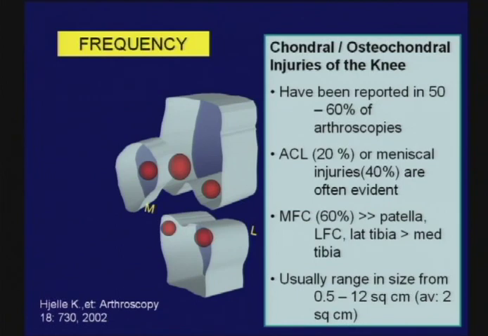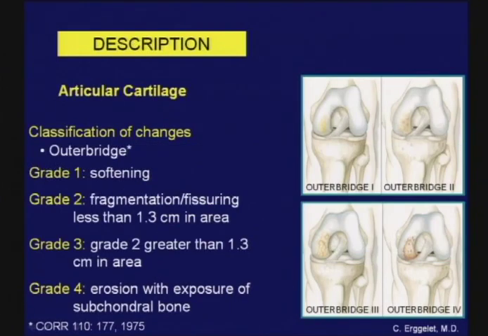In terms of the location of chondral and osteochondral injuries of the knee, they've been reported, as you can see, in over half of arthroscopies. They are said to be most common in the medial femoral condyle as opposed to other areas of the knee, and they can range in size from very small to very large.